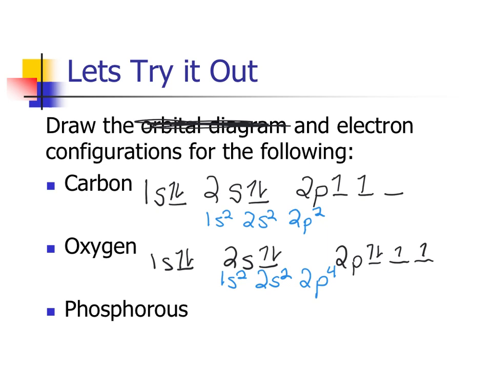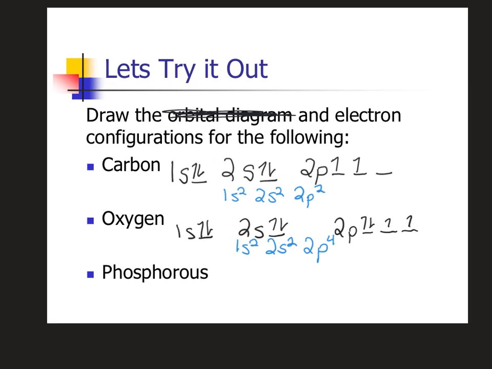Also, if you know where it ends, everything up to it is also going to be full. So you can write in 1s2, 2s2, and then figure out how many go in the p. Or write out the arrows. You don't need to do both unless you absolutely need to.